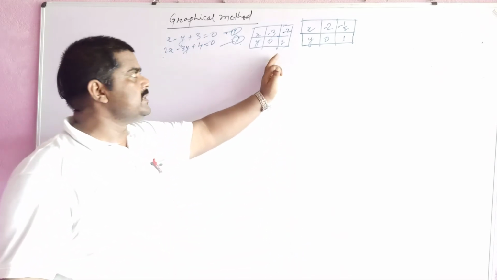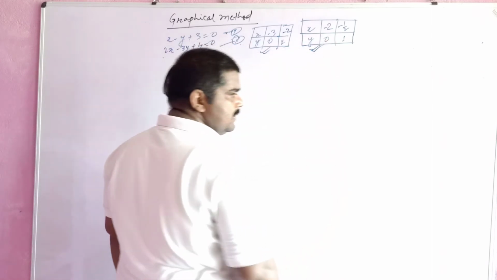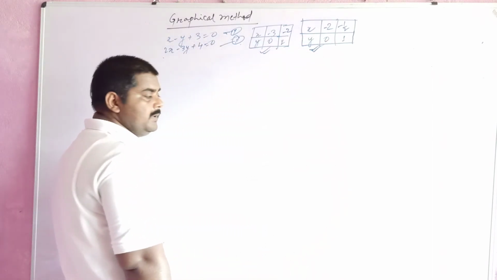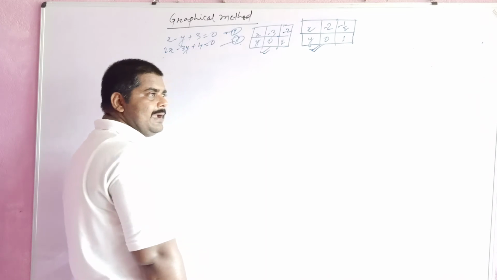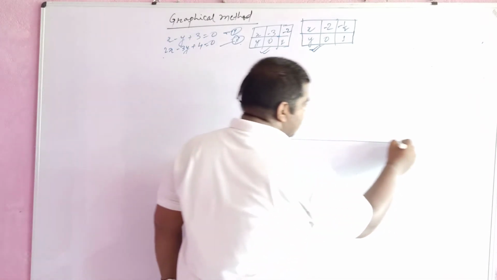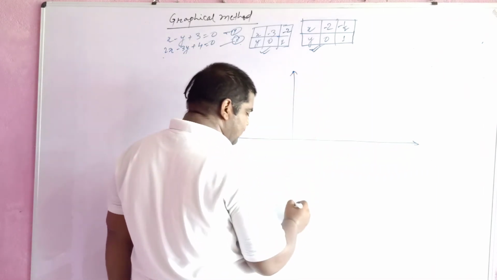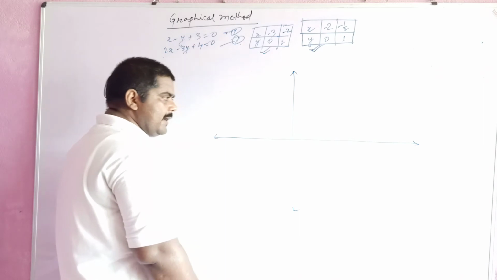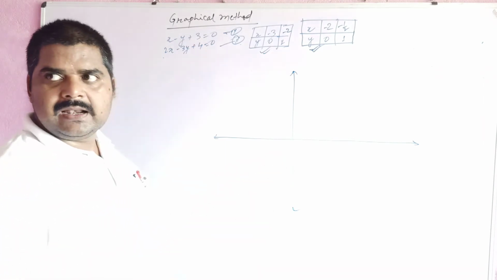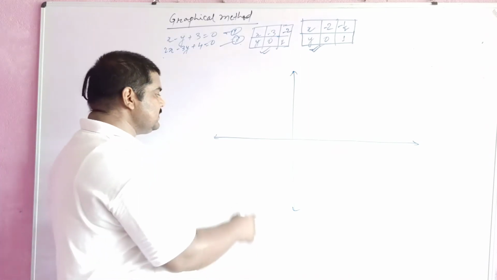This is for the first equation and this is for the second linear equation in 2 variables. Regarding graphs, you know very well that a graph paper is known as the Cartesian plane, and you must have graph paper. And you know that when you draw a horizontal and vertical line, what will be the horizontal and vertical line in this case?